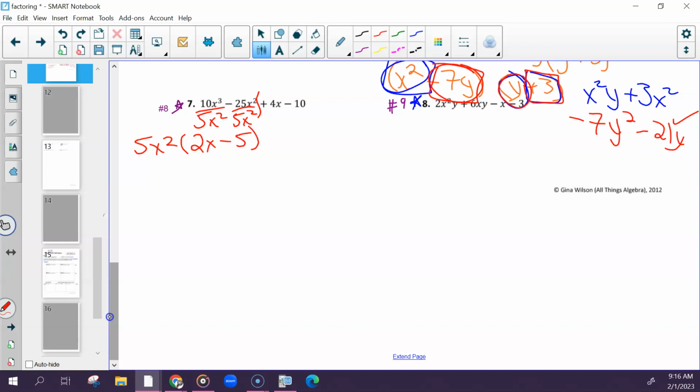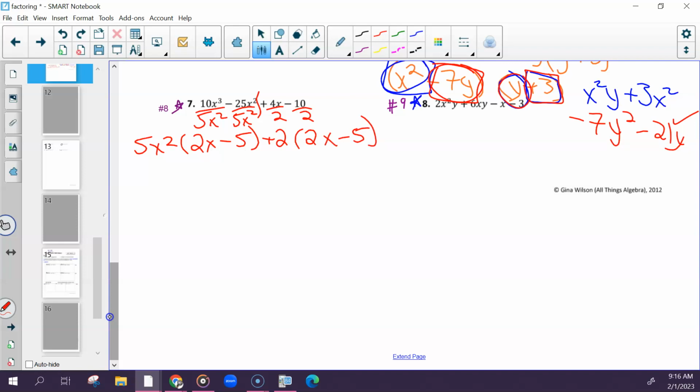And then plus, what would we divide out of this? 2. So we divide out 2, what's left? 2x minus 5. So what would our factors be?